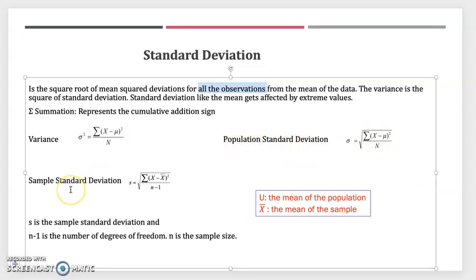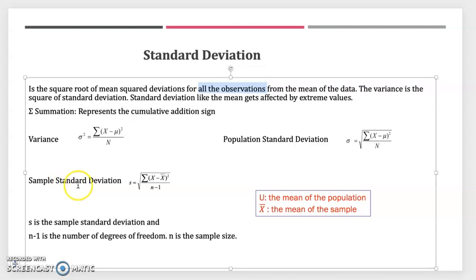We also have the standard deviation for the sample data, so you will see something a little different. Mu represents the population mean. When we talk about a sample, remember, a sample is just part of the data, a subset of your population.